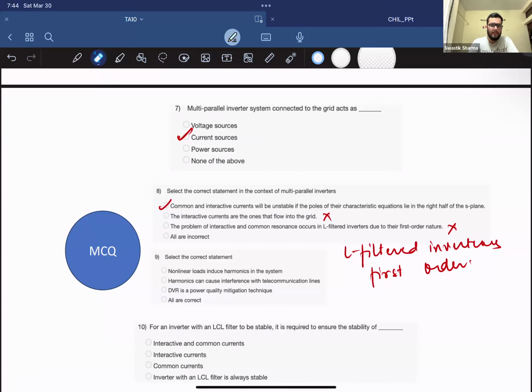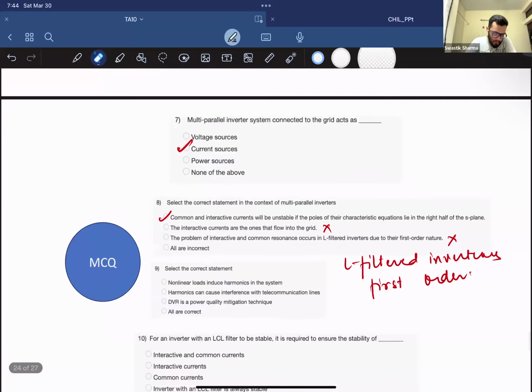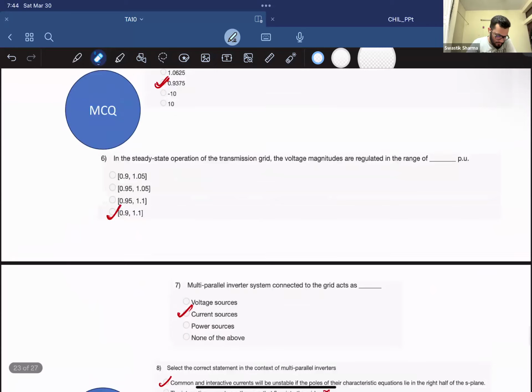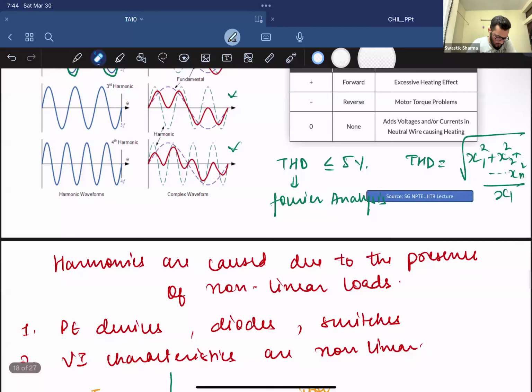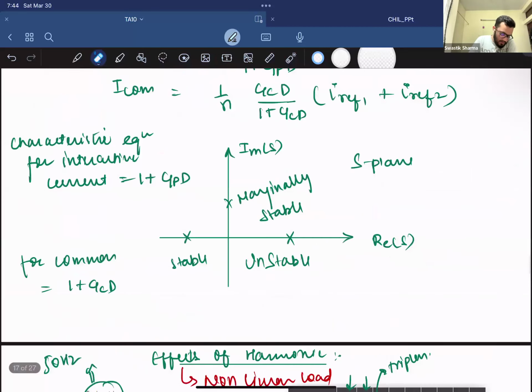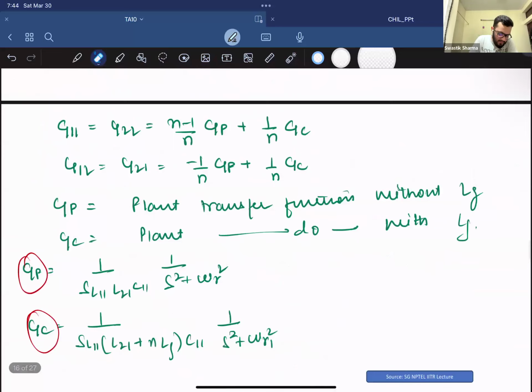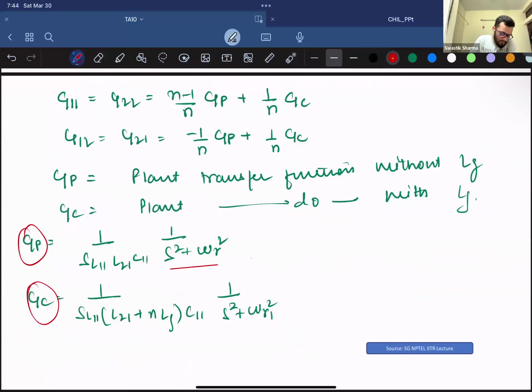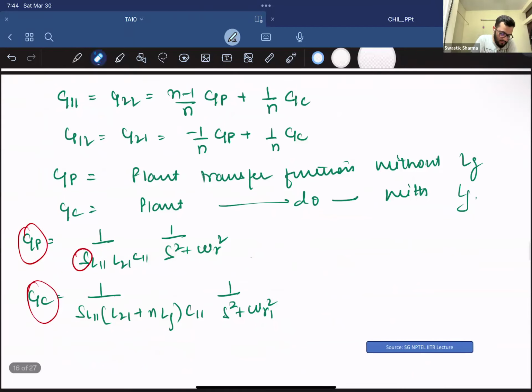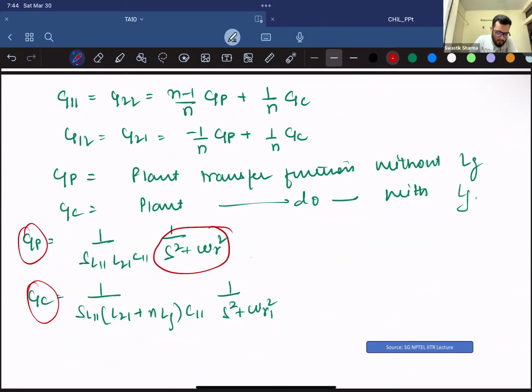Only one pole, right? So if they have only one pole, your GP and GC have this S, which we won't consider because S will be directly 0. You have this, right? So there will be two poles.